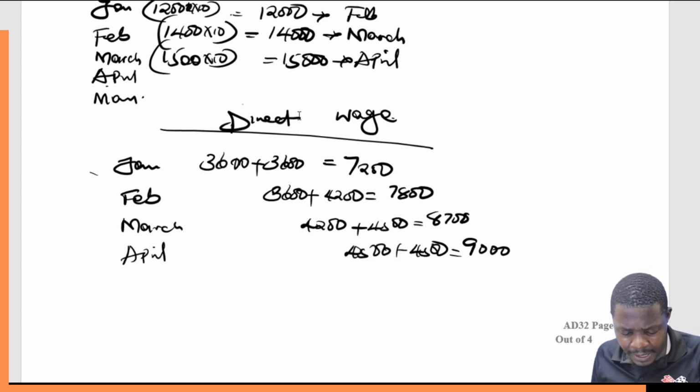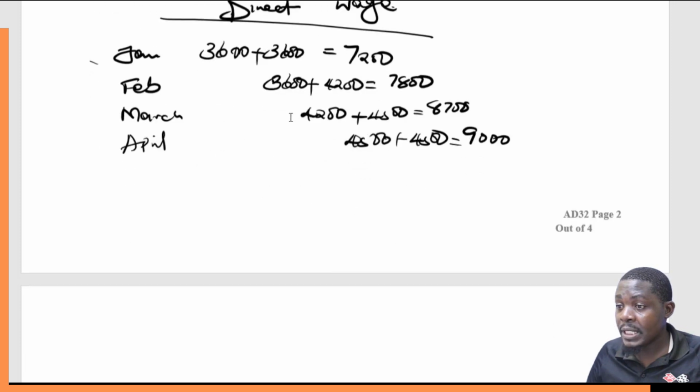Then anything else that we need to handle? Production overhead during the period is well indicated, but we also need to adjust.